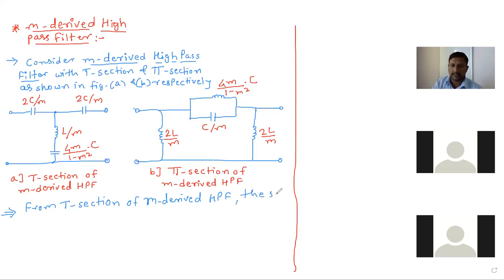The shunt arm, meaning this parallel arm, consists of a series resonance circuit.